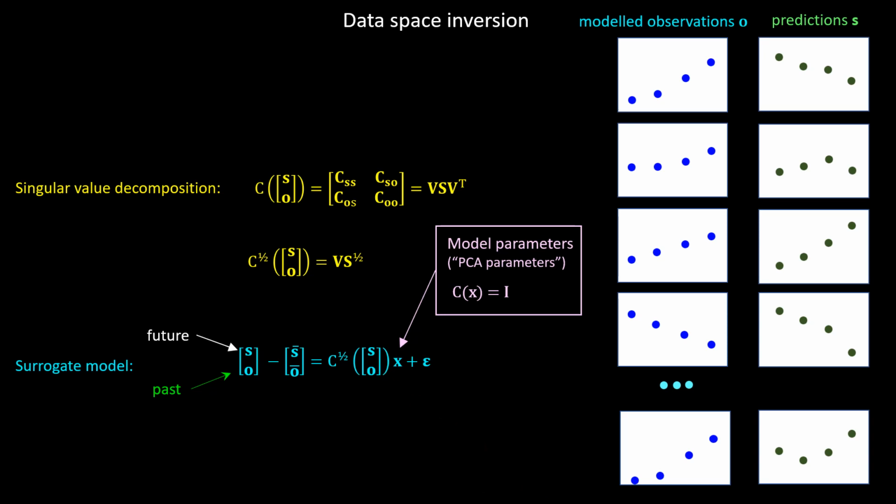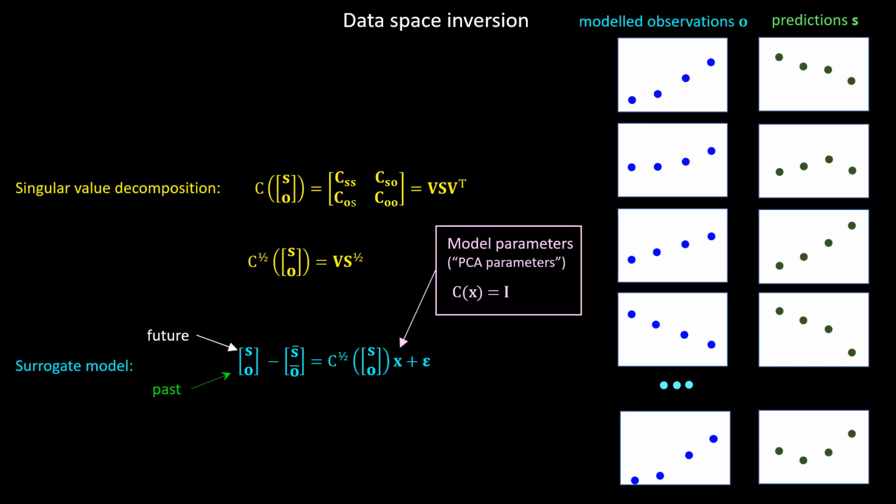And it's easy to show that if I take random samples of these statistical model parameters, the relationships that it provides between the past and the future are exactly the same relationship statistically as that provided by the complex model as exposed in the 500 complex model runs that I've just done.